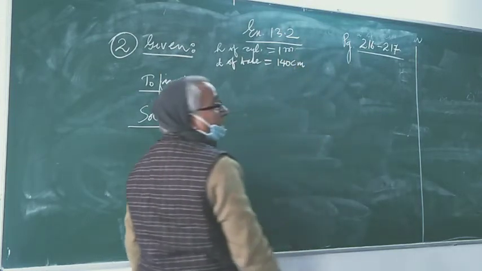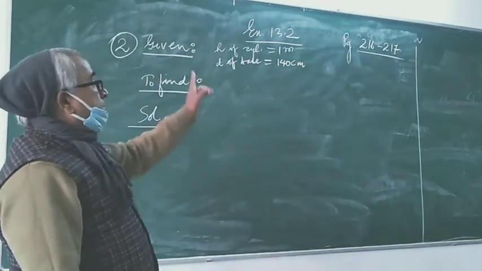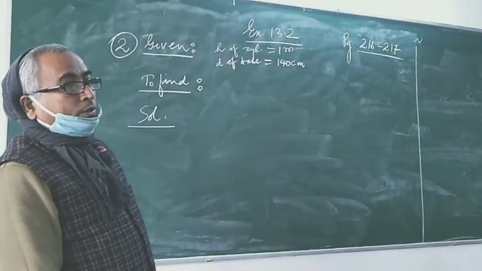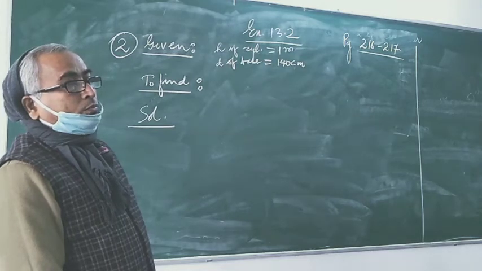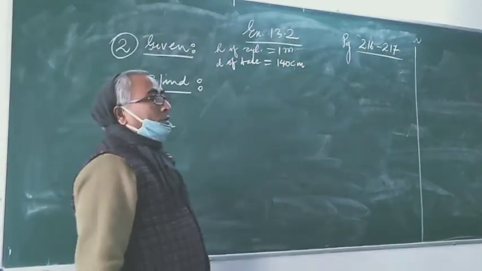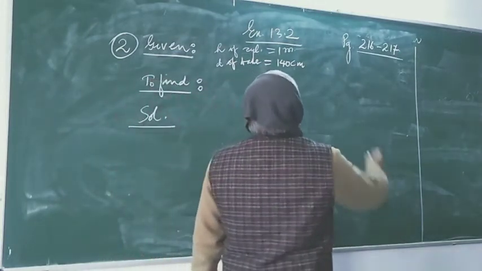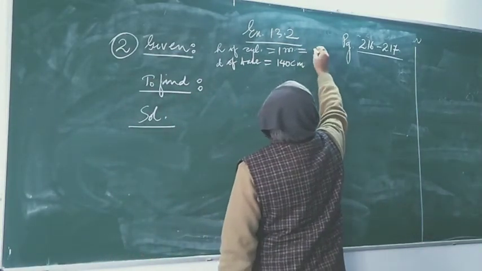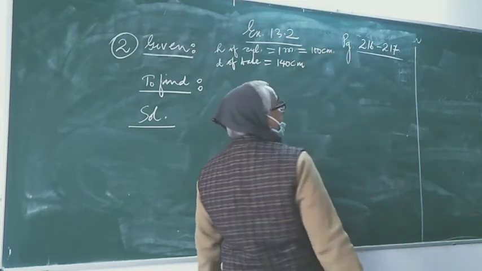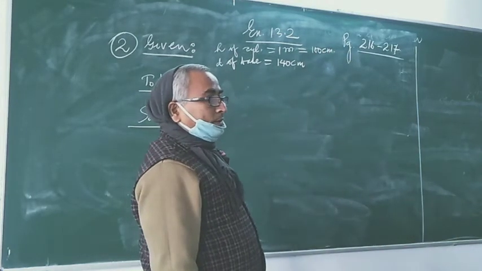Now consider their units. Are they similar? No, sir. So what to do? Either convert meter into centimeter or centimeter into meter. Only two ways are there. Better to convert this one into centimeter. So 1 meter means how many centimeters? 100 centimeters. Am I correct?